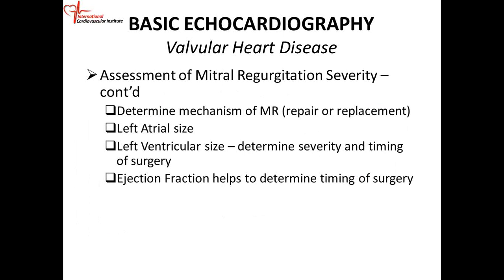So with mitral regurgitation, because you're pumping a lot more blood into the LV in diastole, that end diastolic volume is going to go up. Your end systolic volume is probably going to be about the same, or less.